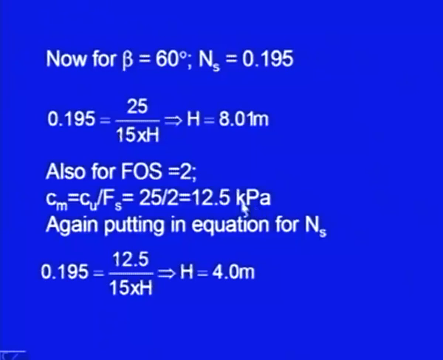So, mobilized now is 12.5. The rest of the analysis is same. The stability number depends on beta, it is same here 0.195, and C is 12.5, gamma is 15, h is the new height which corresponds to 2 factor of safety, and by solving this equation you will be getting the height. So, this is the safe height for the safe factor of safety.